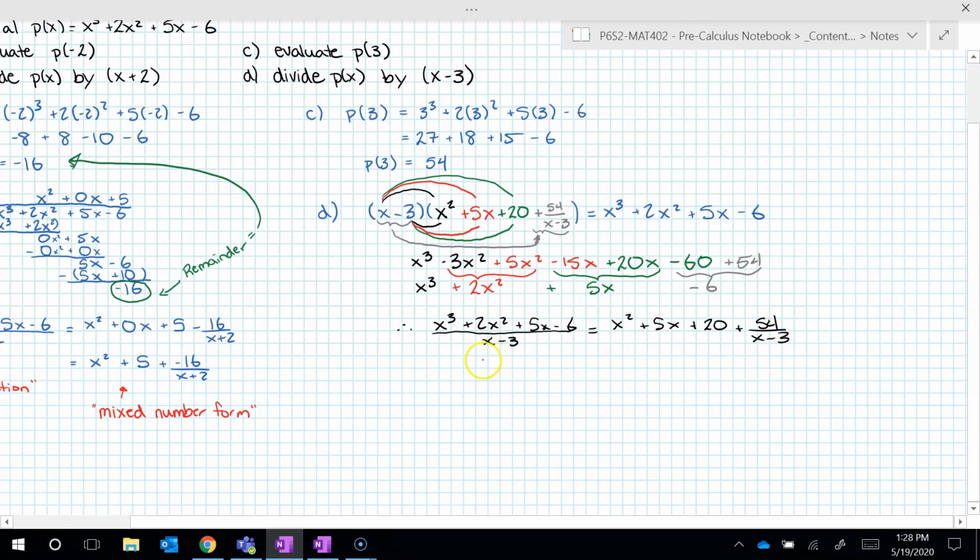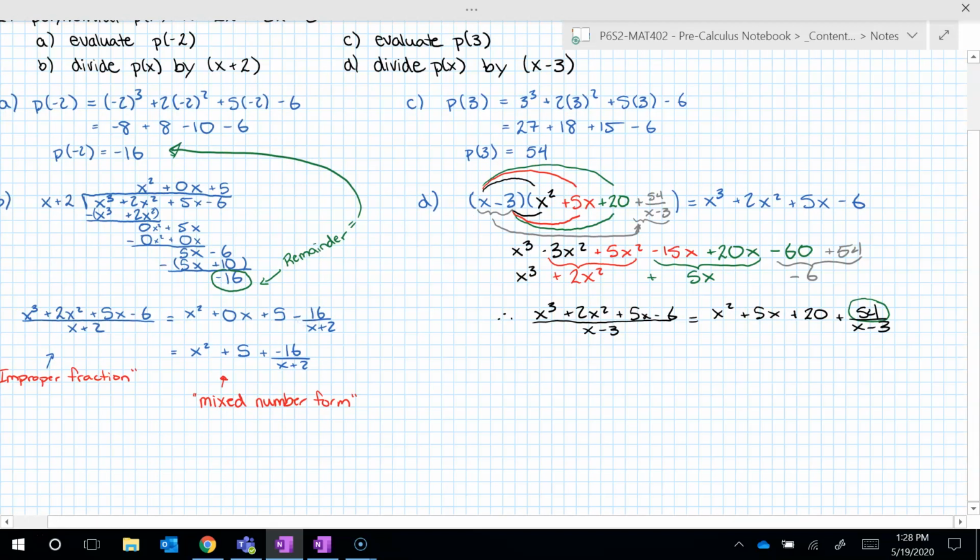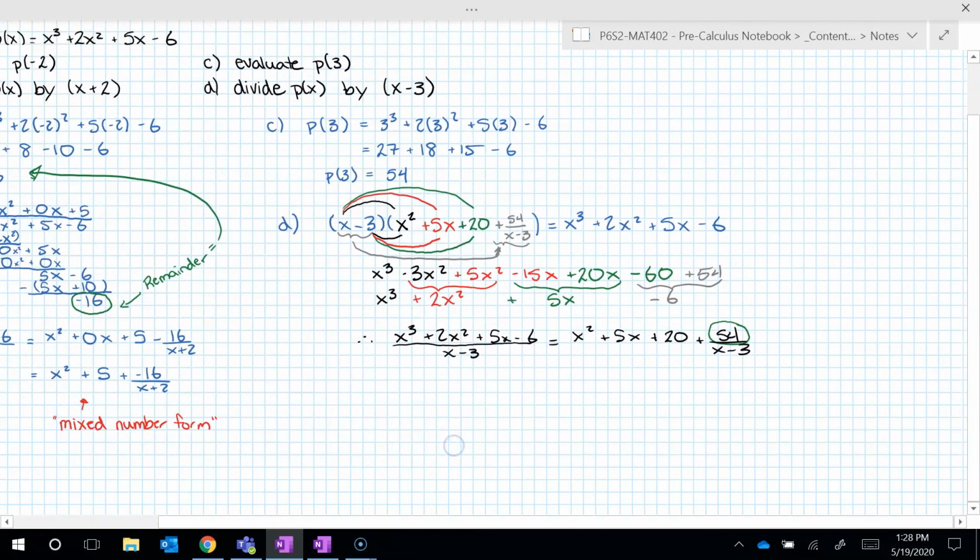Again, my improper fraction form, and here's my mixed number form result on the right-hand side. And again, that remainder, this 54, is the same. The remainder that I would get, if I did this the polynomial long division style, I would get that same thing. That would be my remainder. And the remainder is equal to the 54 up there.